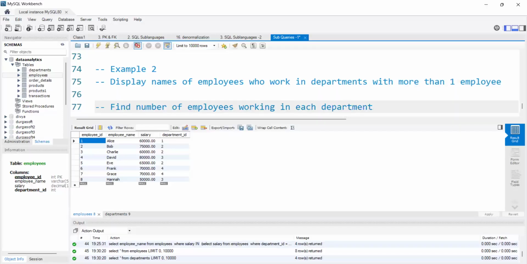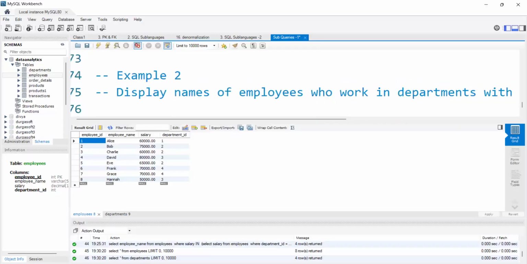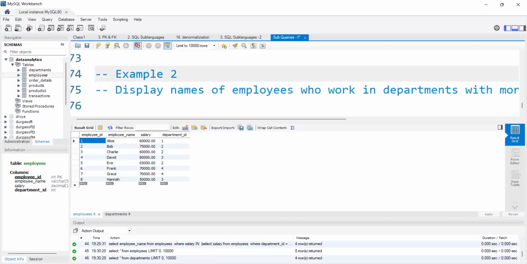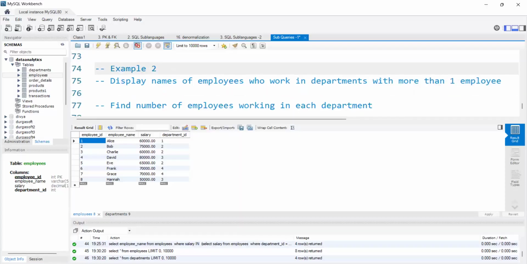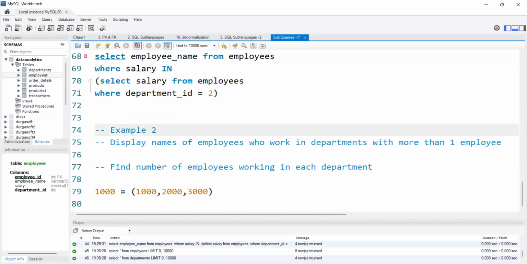We are dividing this question. We need to display the employees who work in departments.